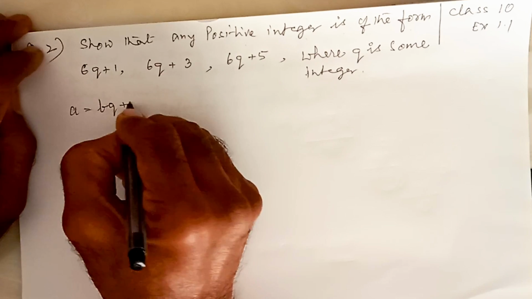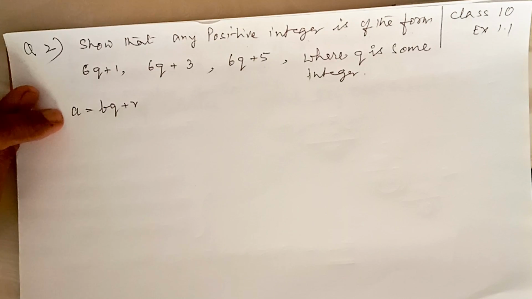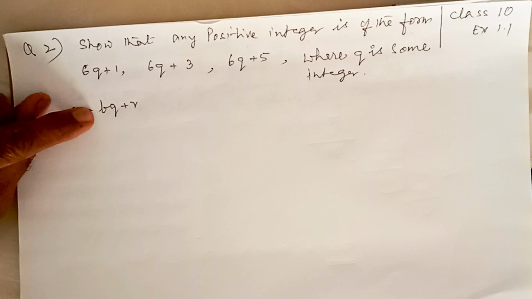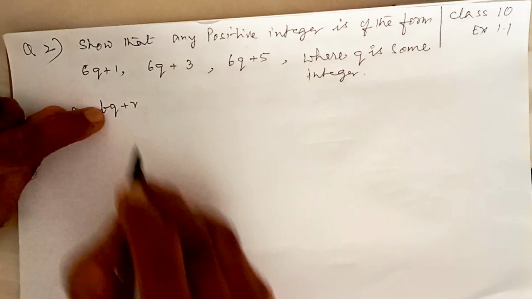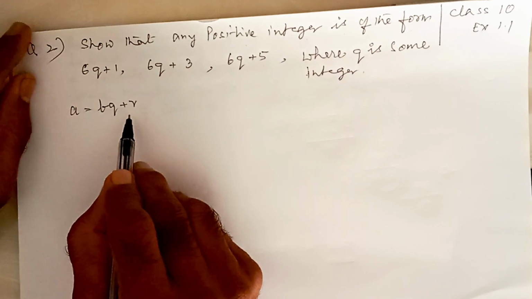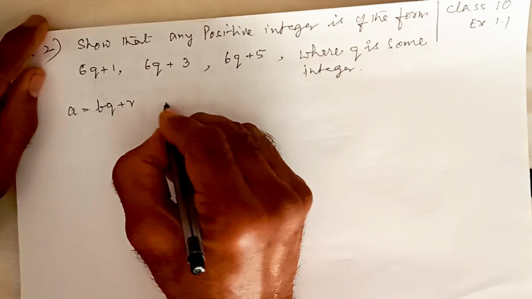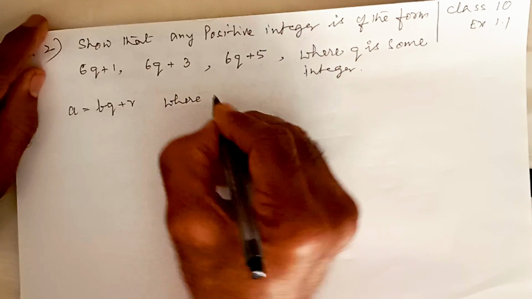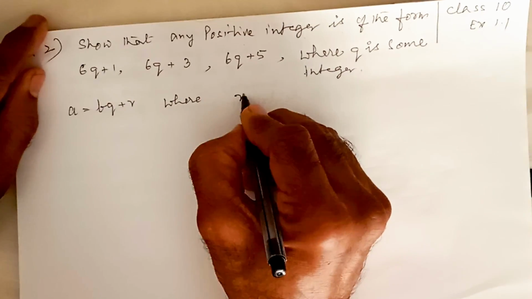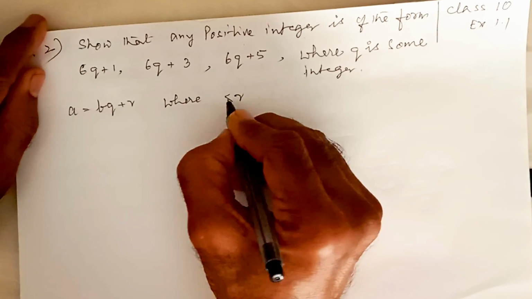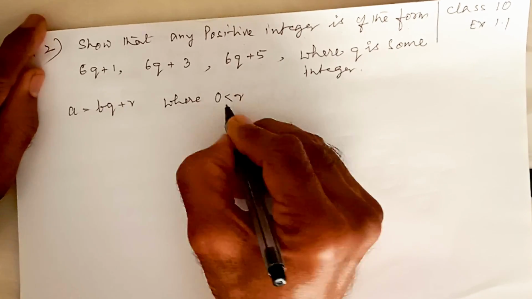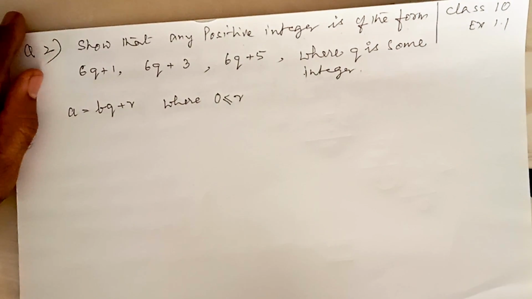a is equal to bq plus r. A is the dividend, b is the divisor, q is the quotient, and r is the remainder. Here r is greater than or equal to 0.